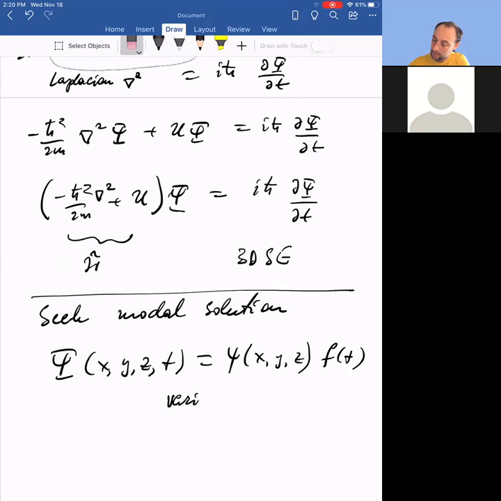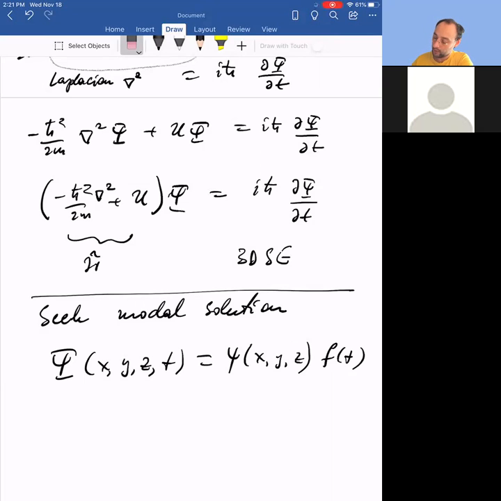We're looking for very special solutions, in which the spatial and temporal variables separate in this product form. It's not a general solution, but the usefulness of them is that in general we can construct any solution out of a linear combination of these modes. And these modes will have well-defined energies as before.